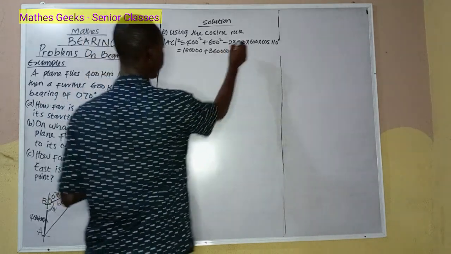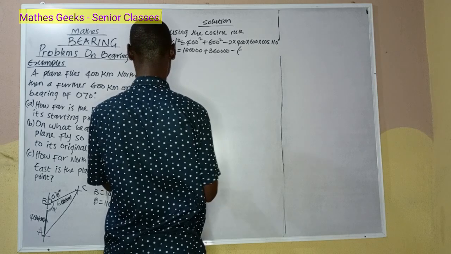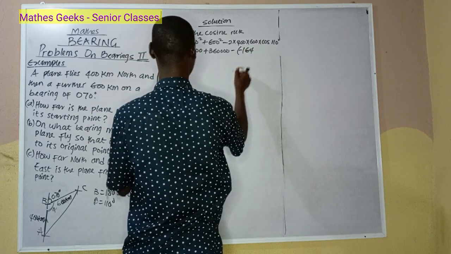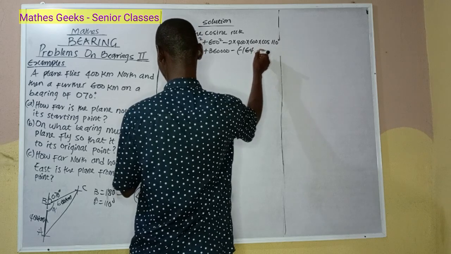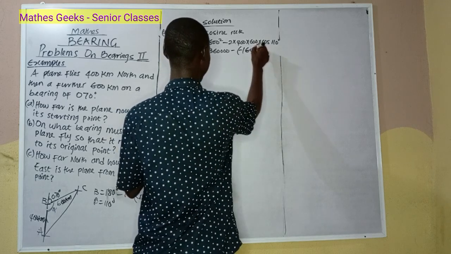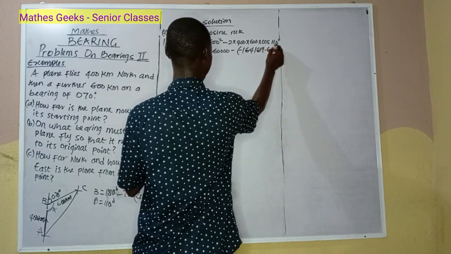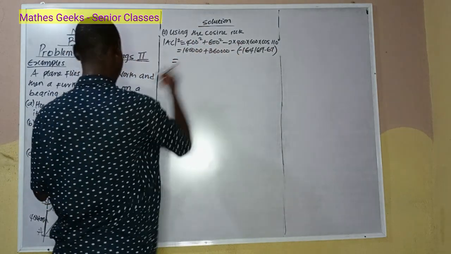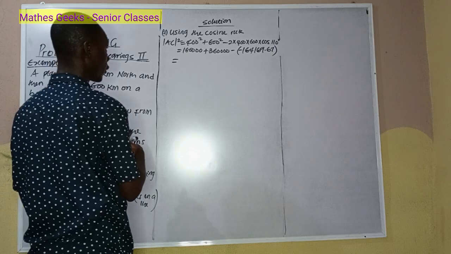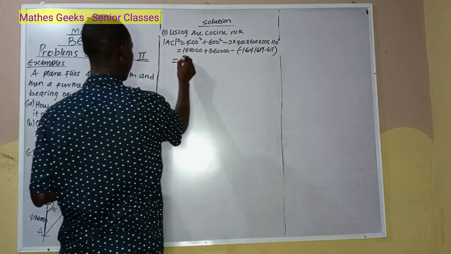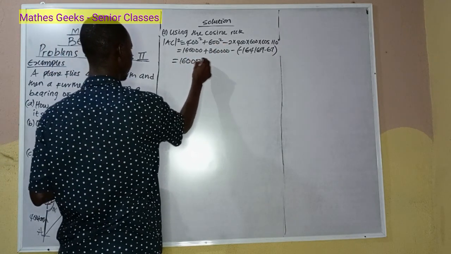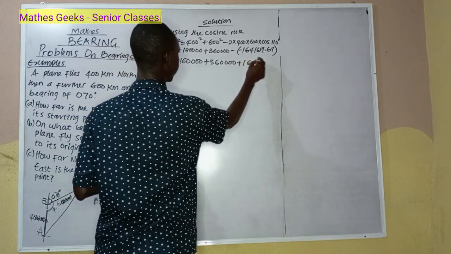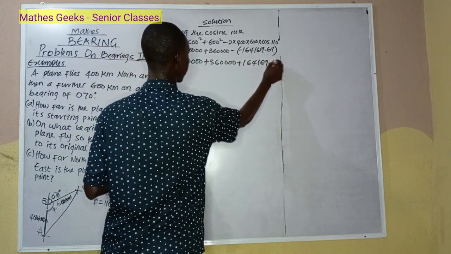That gives minus 164,169.67, and minus times minus gives plus. That will give us 160,000 plus 360,000 plus 164,169.7.